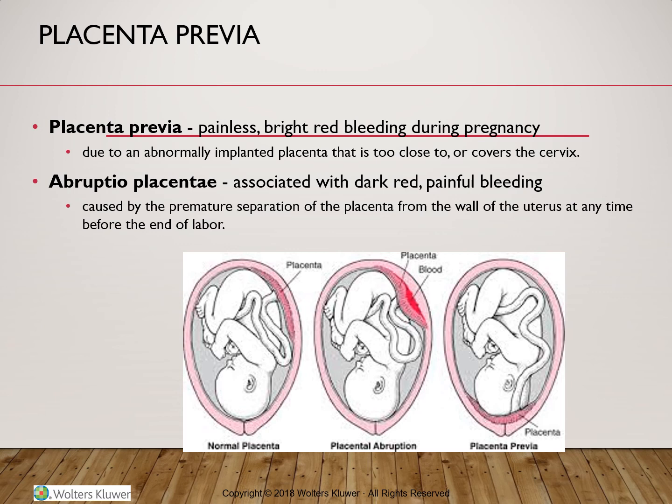As clinical manifestation, there may be painless bright red bleeding that begins with no warning signs, and the bleeding may be light to severe and usually stops spontaneously. Those bleedings may start before 30 weeks of gestation.